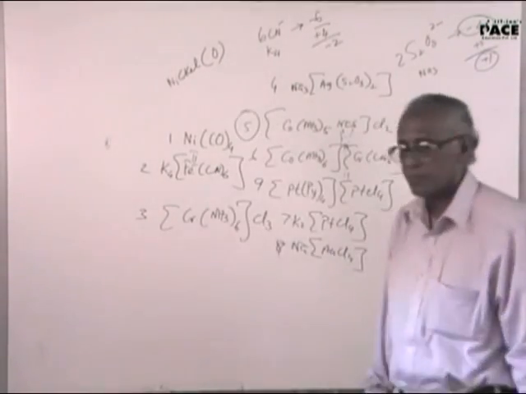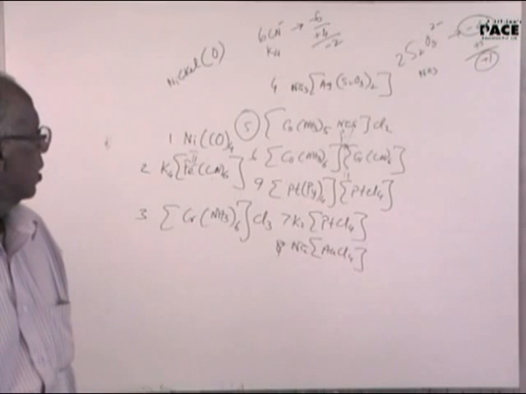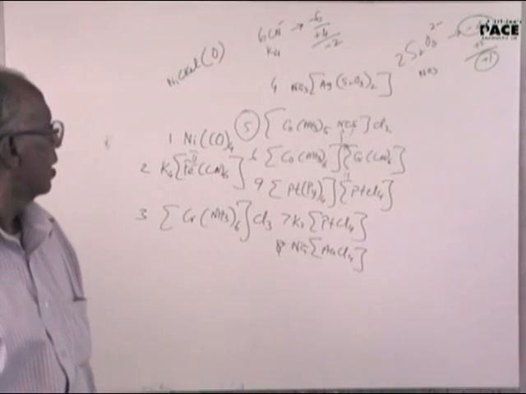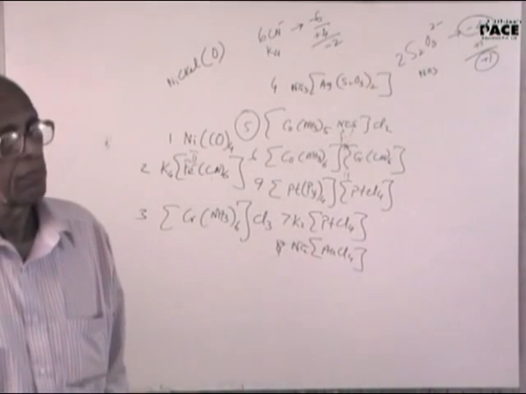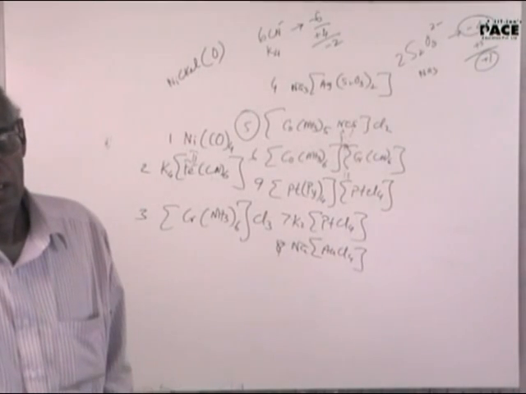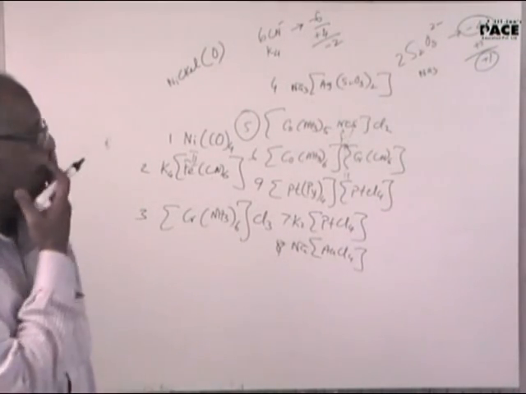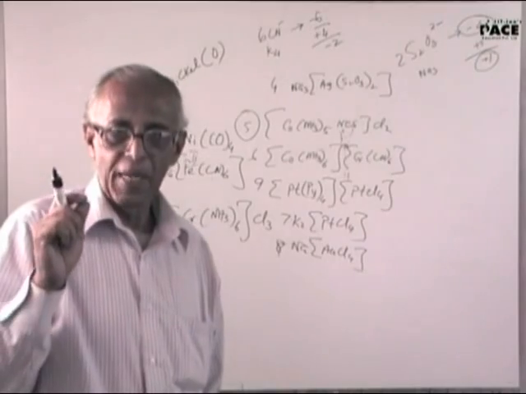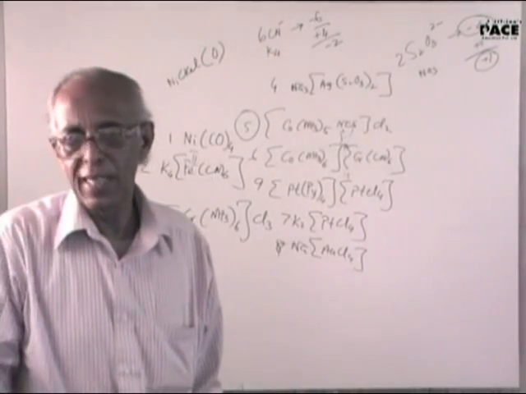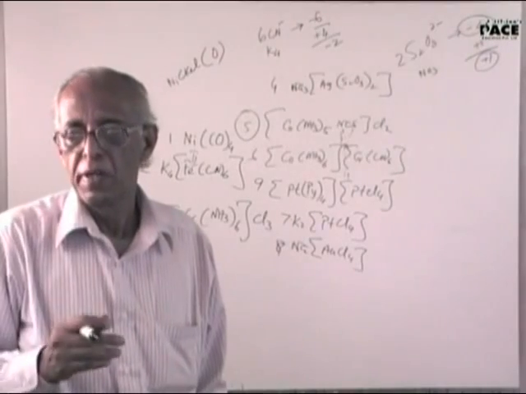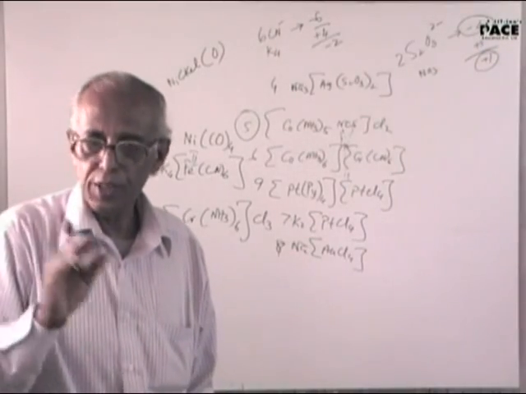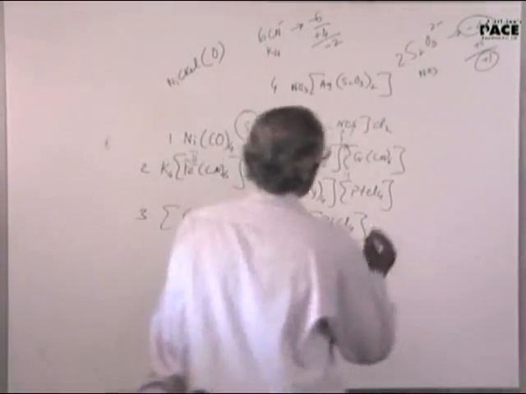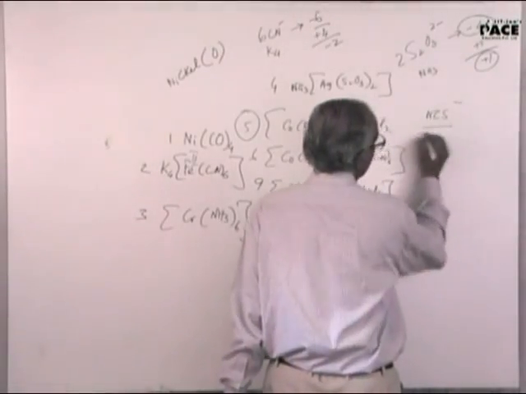How do you name this one? Pentaammine thiocyanato-N cobalt 3 chloride. Right. There are 2 ways of naming it. Pentaammine isothiocyanato cobalt 3 chloride, because NCS has a negative charge.